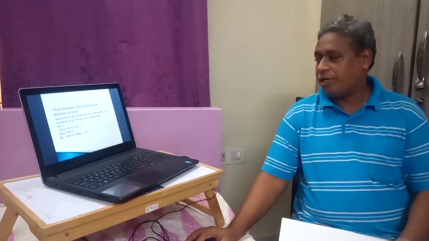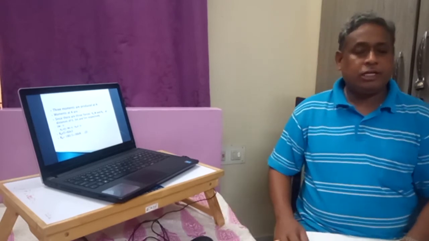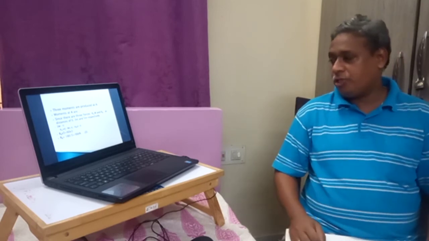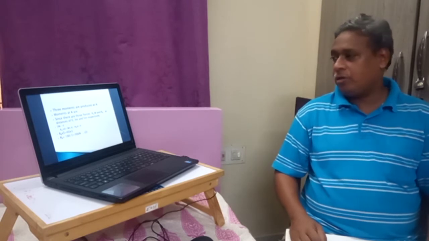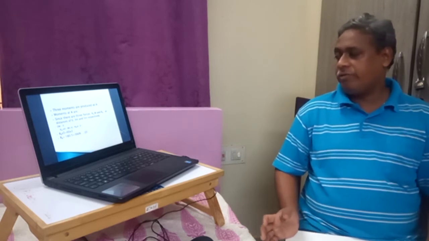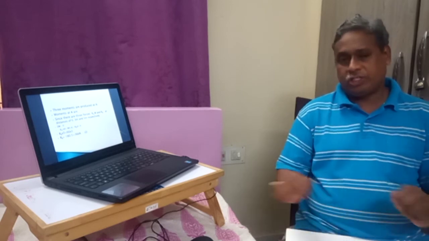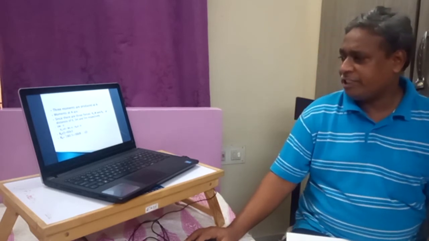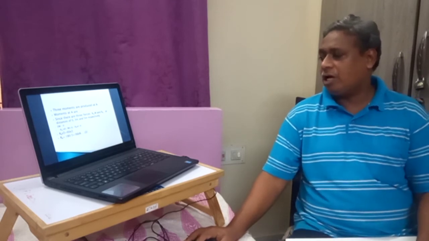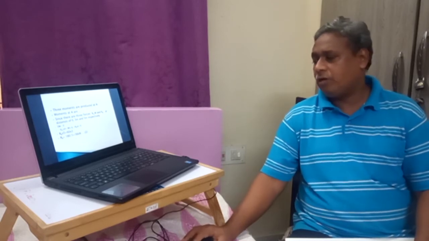That is minus RA into 0, since we are taking moment at A, so the distance will be equal to 0, plus the external force W into D1, minus RB, the third force which is the support reaction at B, into a distance of L. Therefore, RB into 5 meters is equal to 60 kilonewtons into 3 meters. Therefore, RB is equal to 180 by 5, that is 36 kilonewtons. So we have found out RB.